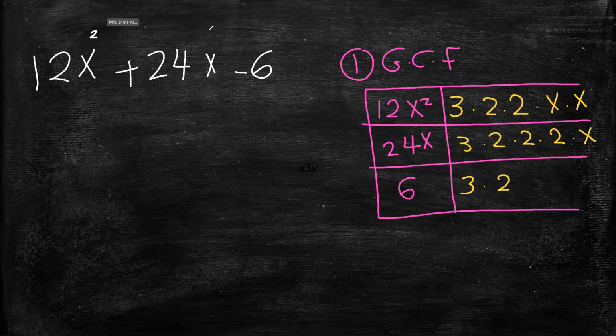Then after that, I want to find the common factor. How? I will find the common one here, which is 3. Only 3 is common, so this is the greatest common factor, 3. I will write it here.